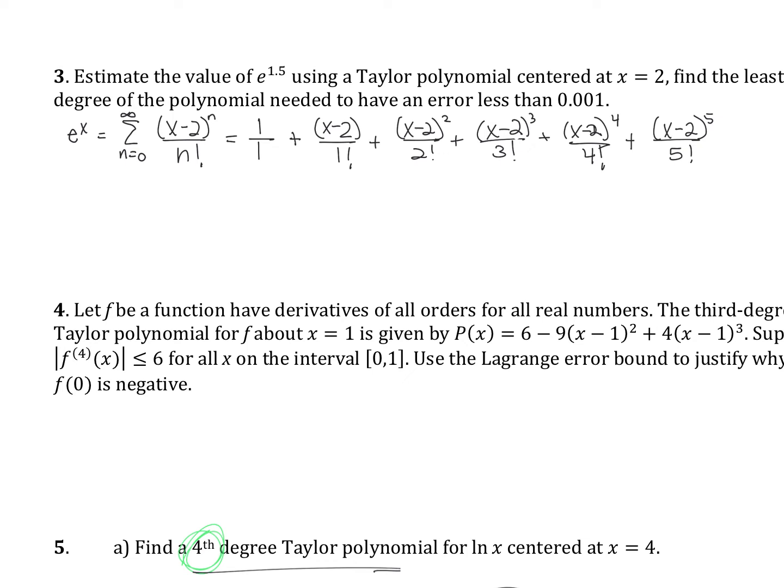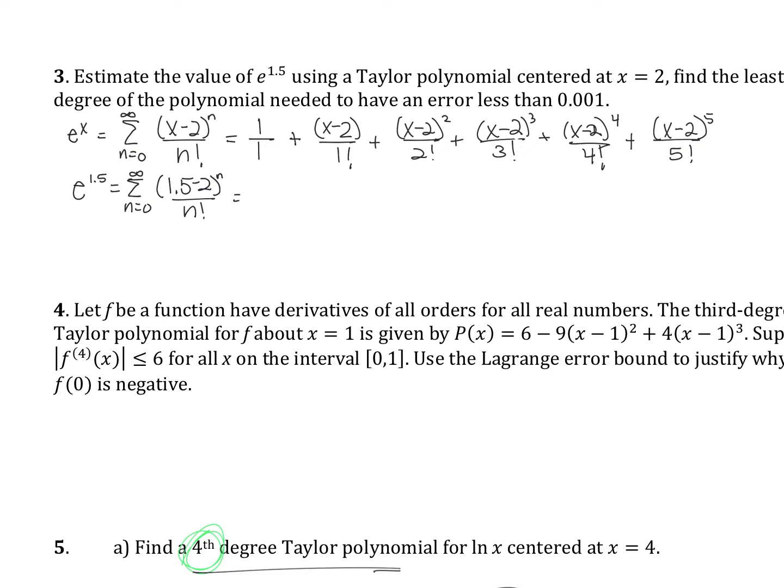So if I'm going to figure out e to the 1.5 that has an error, then this polynomial becomes e to the 1.5, which then means it's the sum from 0 to infinity of (1.5 minus 2) to the n power over n factorial.